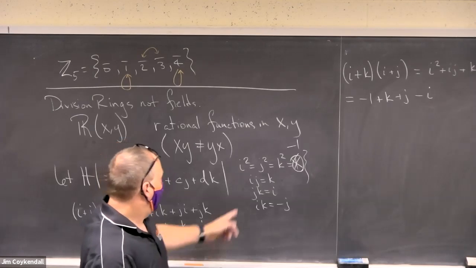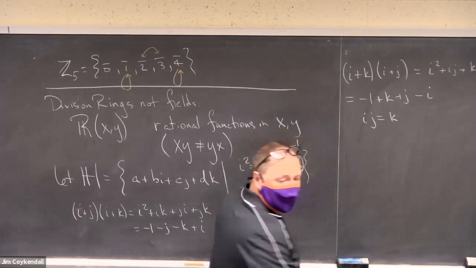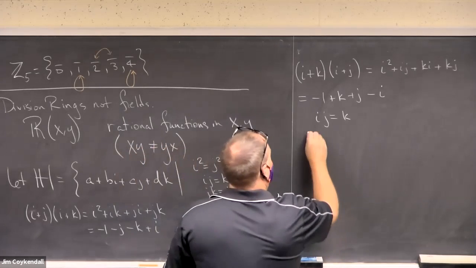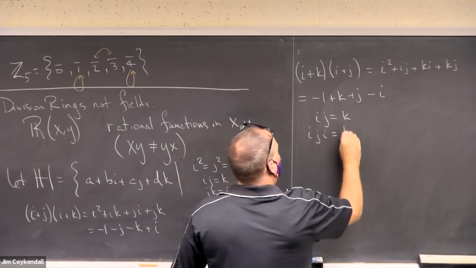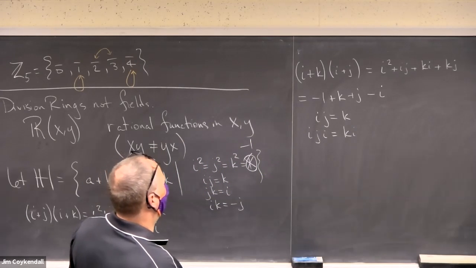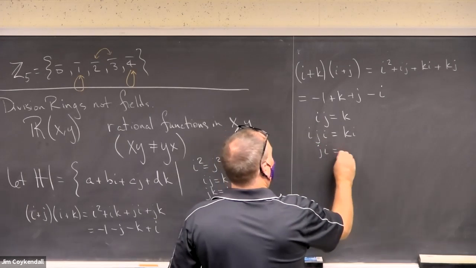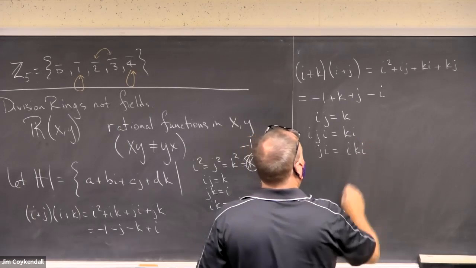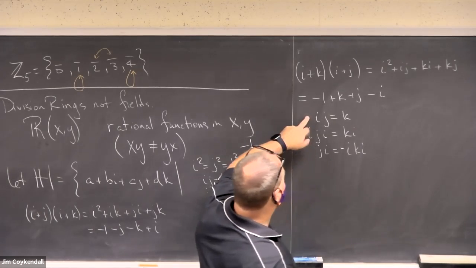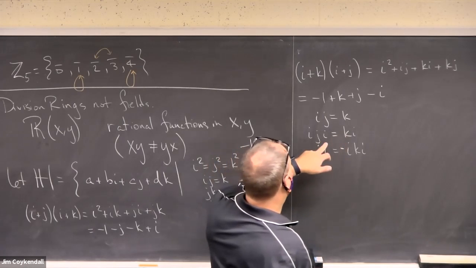And that's actually, I'll prove that to you. So for example, if ij is k, then ij is ki. This is what I'm trying to do. I'm trying to get ji. So let's work on this side. ij equals k, so ij is what, ki.